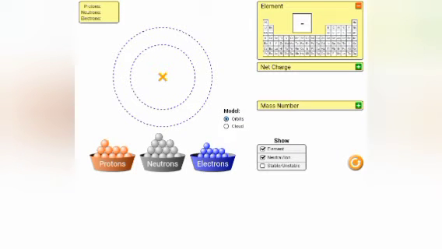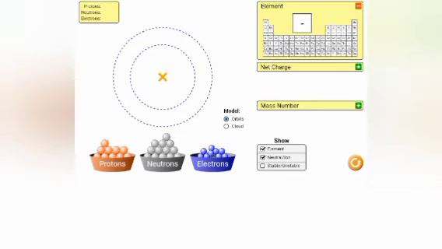So let's look at the first simulation to practicalize what we have been talking about. Looking at this simulation, these are the protons here. These are the neutrons.